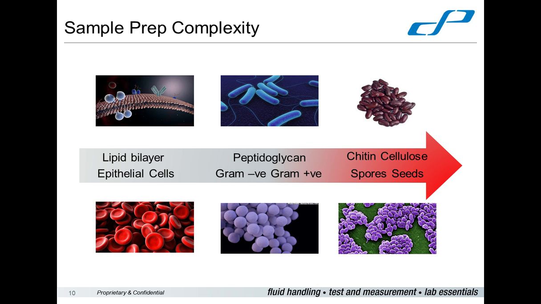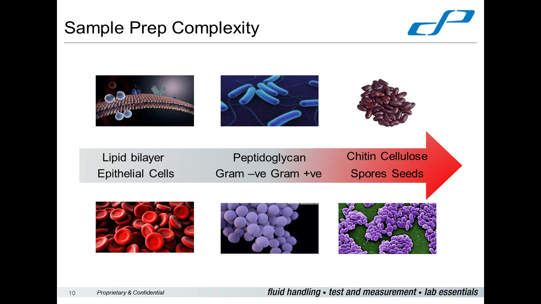And as you may know, it's the thickness of the peptidoglycan layer that we use traditionally to divide bacteria into gram-positives or gram-negatives. The thickened peptidoglycan layer in the gram-positive cells allows them to retain the gram stain, hence the name gram-positive, whereas the thin layer in gram-negative cells, they cannot prevent the gram stain from leaching out.